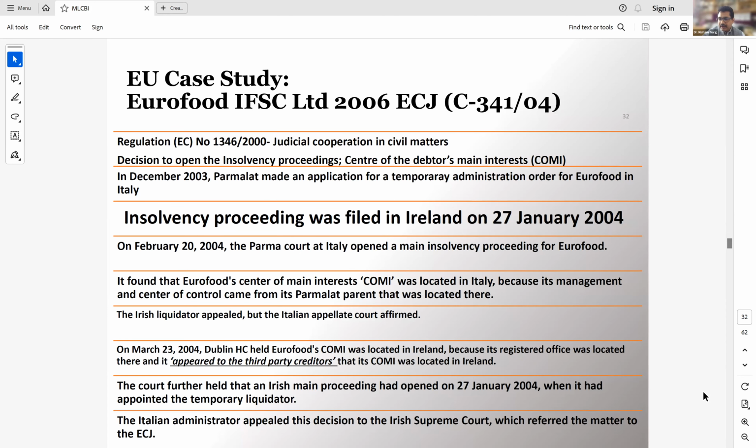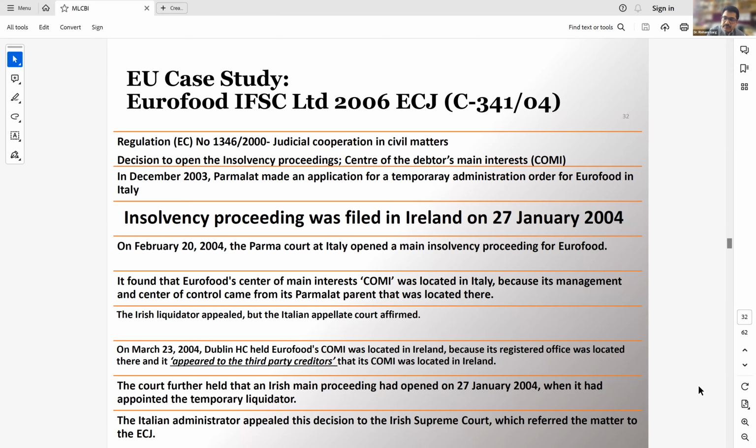Then there are a few cases that I want to discuss. These are foreign cases, but I would like to cover them to better understand how these cross-border insolvency issues have cropped up and how they have been decided.